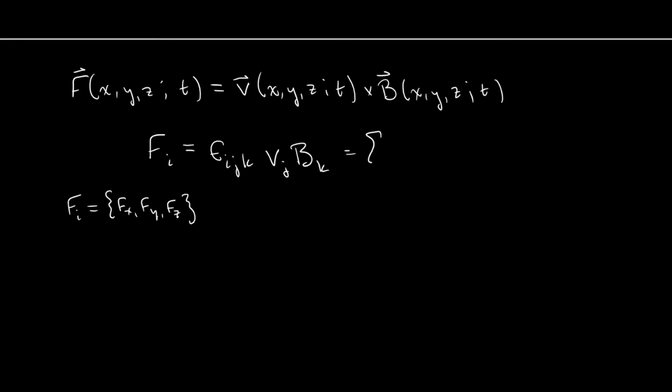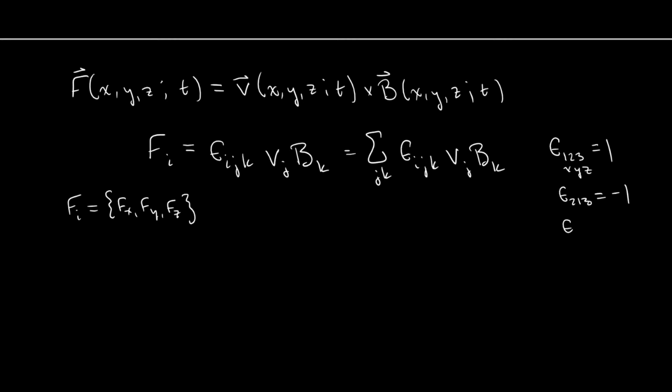So I can write this as the sum over j and k of epsilon_ijk v_j b_k, where this epsilon, if things are in the standard order, 1, 2, 3, where 1 could be x, y, z, we might say this is 1. If I flip two indices, this gives me -1.